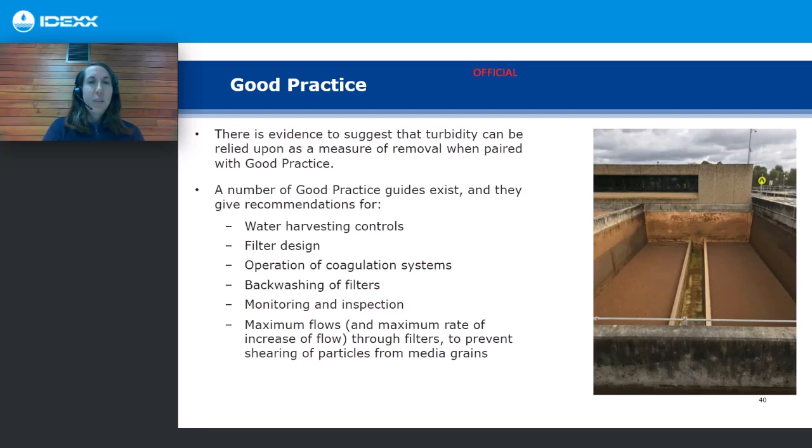The good practice guides give recommendations for controls on water harvesting, filter design, operation of coagulation systems, backwashing of filters, monitoring and maximum flows through filters, and maximum rate of increase in flow.